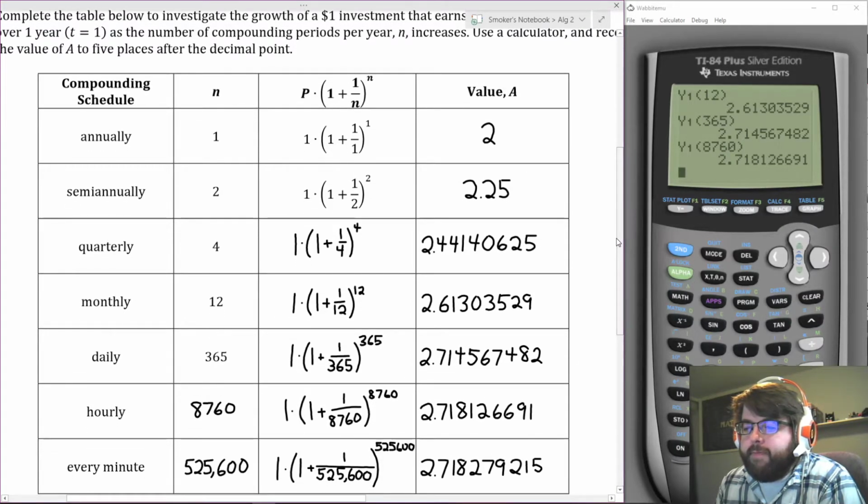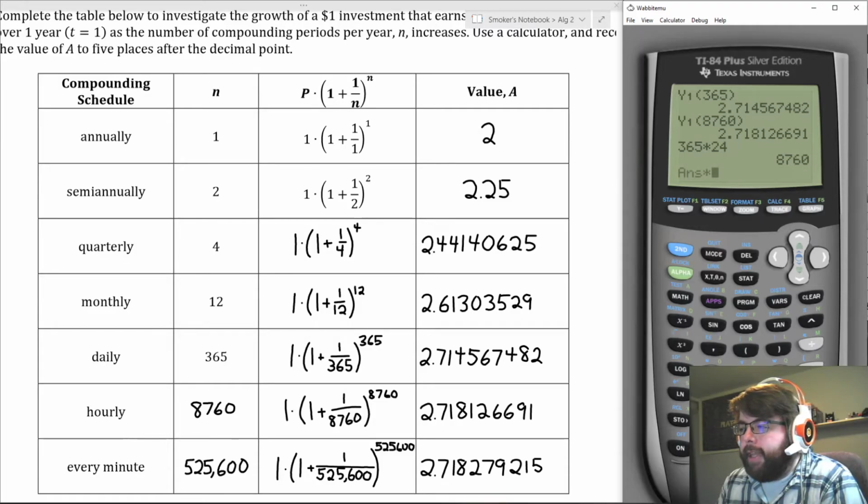What about every minute? Oh, by the way, there's 8,760 hours in a year. That's 365 times 24 on a normal year. That's where I got that number. Now I'm going to take that times 60, because there's 60 minutes in every hour, and there are over half a million minutes in a year.